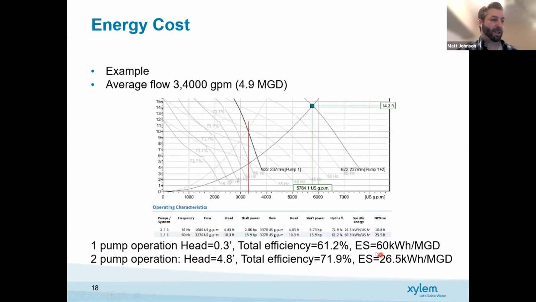So specifically here, you can see the two different operating points, the reduced head, and the total efficiency is increasing. That should be 10.3 feet versus 4.8. But your head is decreasing, efficiency increasing, and your specific energy, comparing the two scenarios, it's quite a big difference.